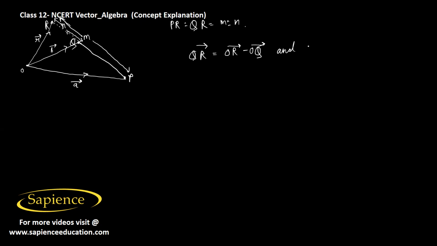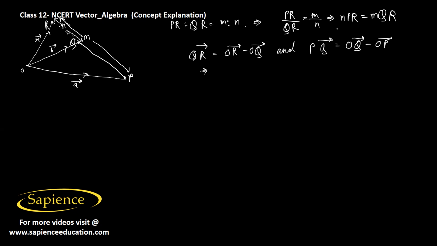And also PQ vector is equal to OQ vector minus OP vector. And their unit vectors are the same. So from here we can see that PR by QR equals m by n. So it means that n into PR is equal to m into QR.